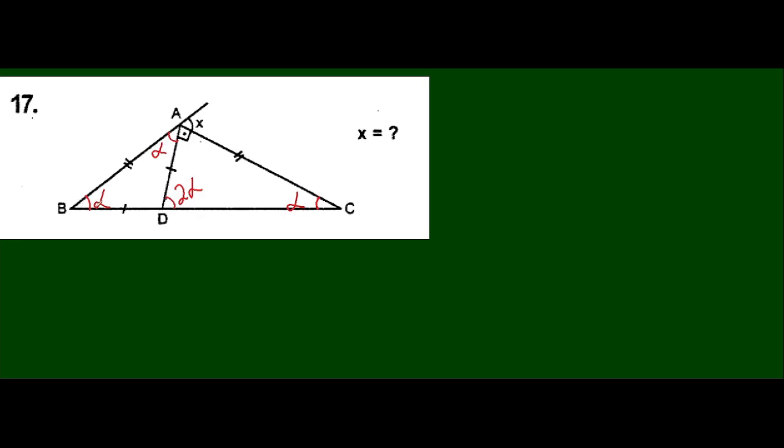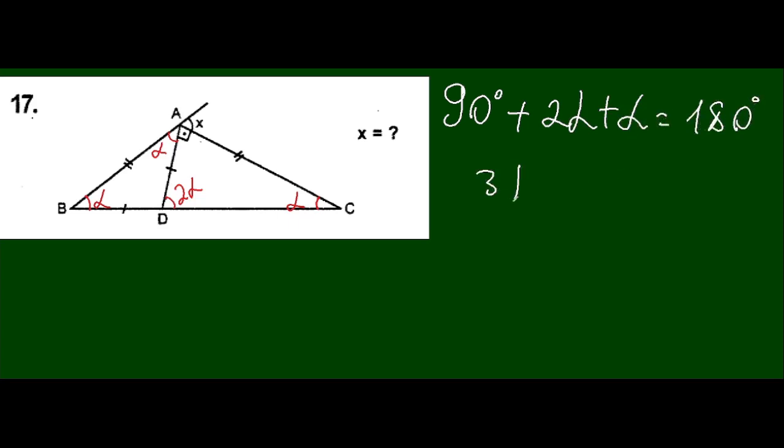Okay, so the two angles, we added up alpha, and we got 2 alpha. Here we know also that this is 90 degrees, the angle DAC, so 90 degrees plus 2 alpha plus alpha will equal 180 degrees. So 3 alpha here will equal 90 degrees. Alpha will equal 30 degrees.